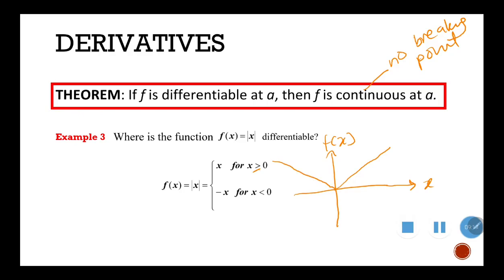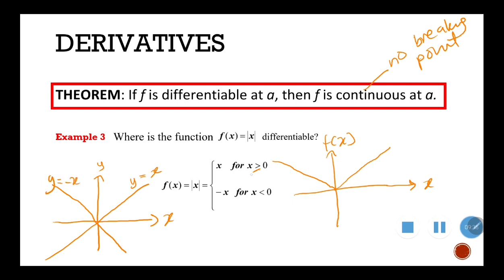Why is it like this? Let's go back to this. So y equal to x is like this, and if y equal to minus x, it is like this.